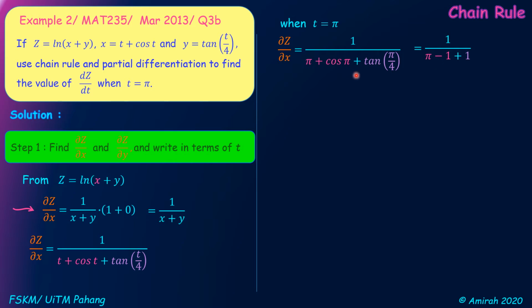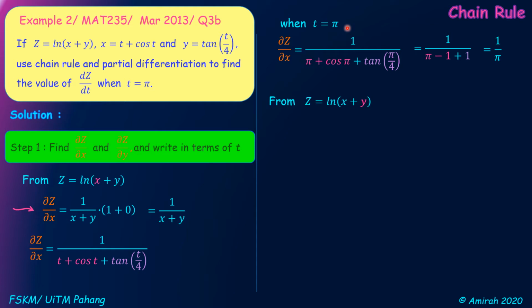And then plus tan(pi/4) equals 1, so we get plus 1 here. Then after we simplify, we get 1 over pi. Now we are done finding ∂z/∂x when t equals pi.